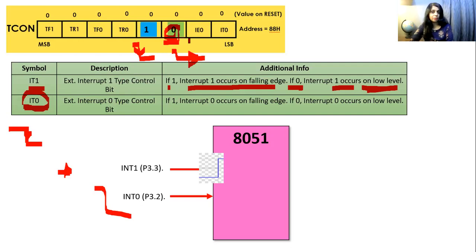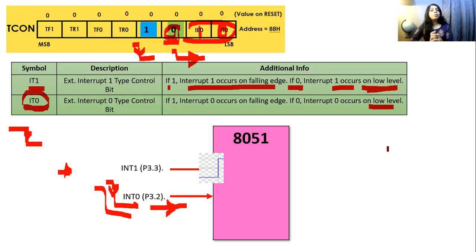The same is applicable for IT0 and IE0. If IT0 is 1, and if there is a falling edge like this, then the interrupt will occur and this will be set to 1. On the other hand, if this is 0, then the interrupt will occur and this will be set to 1 only if there is this low level.